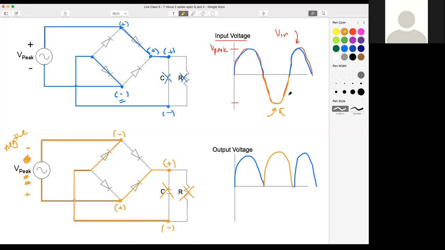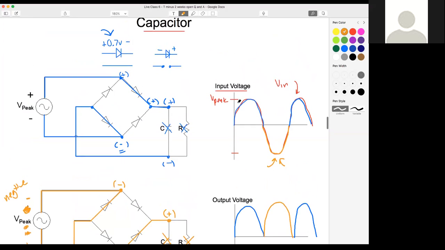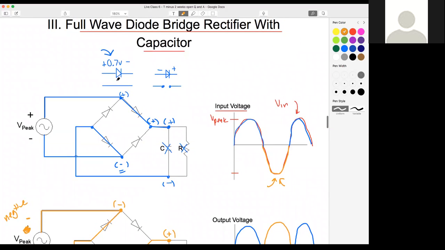Sora said still a bit confused. Let me know what is not making sense yet. Katie said, I'm going to look into the reference article someone pointed out. Sure. So the biggest thing to remember is look at your diode symbol. You want a positive here and a negative here for it to close and act like a closed switch to conduct current.